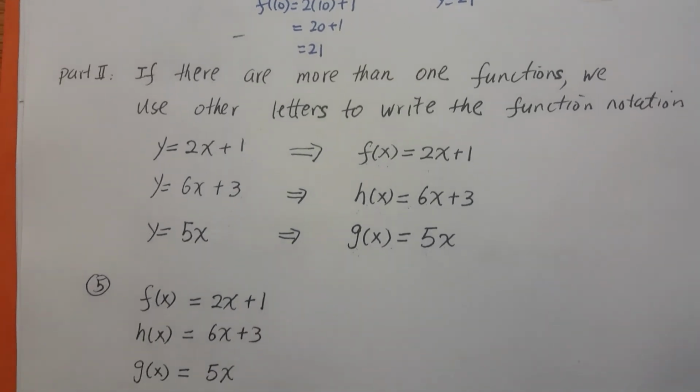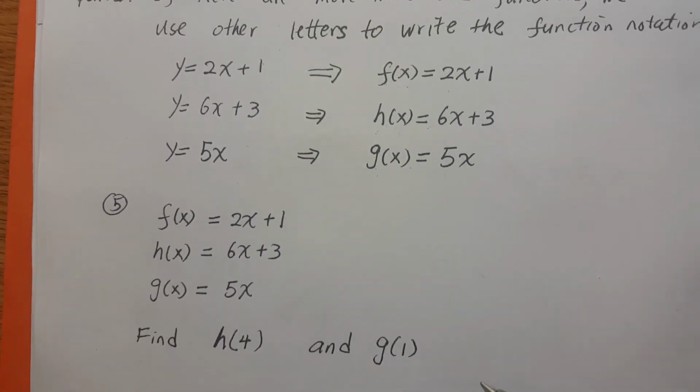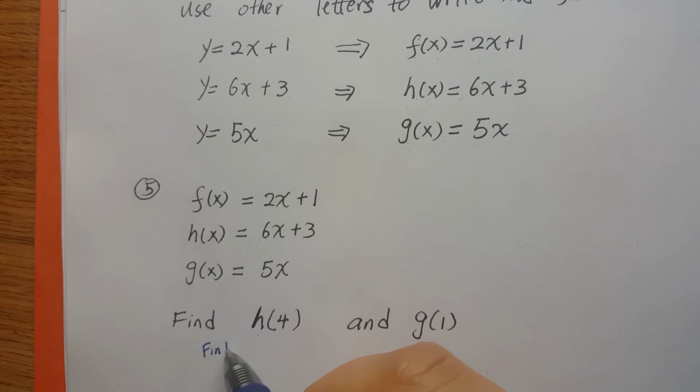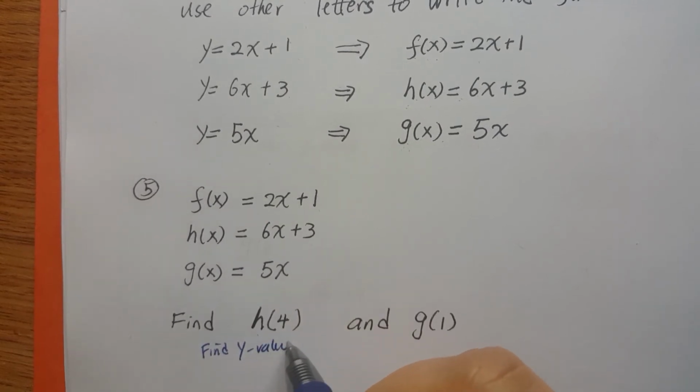Now let's take a look at number 5. f(x) = x + 1, h(x) = 6x + 3, and g(x) = 5x. Find h(4) and g(1). So h(4), you have to find the y value when x equals 4.